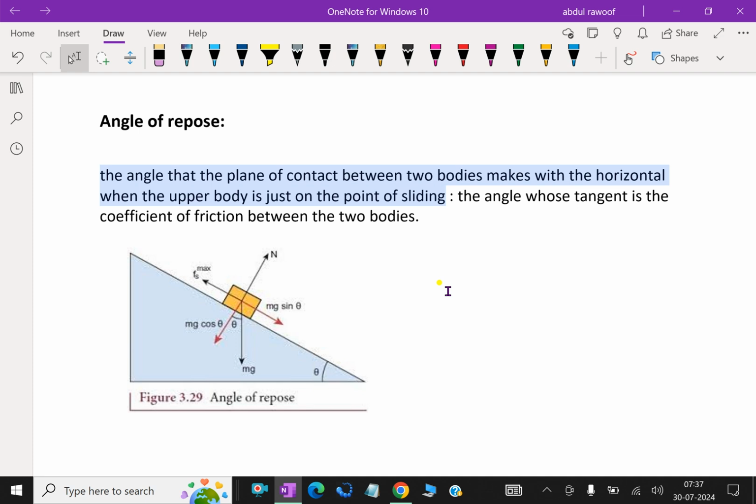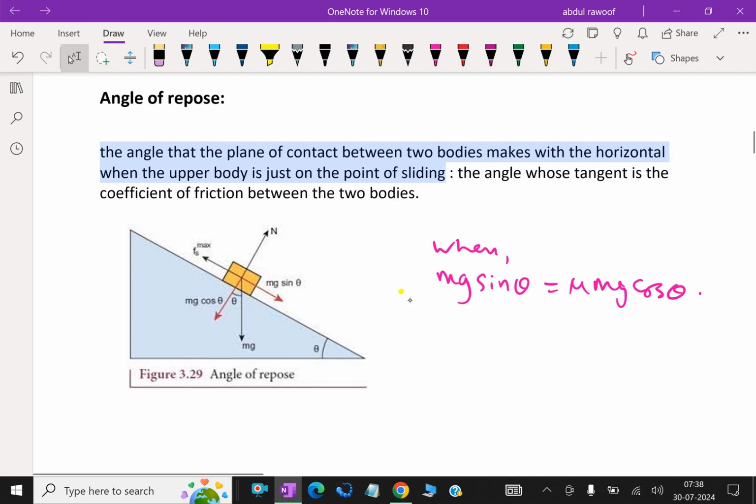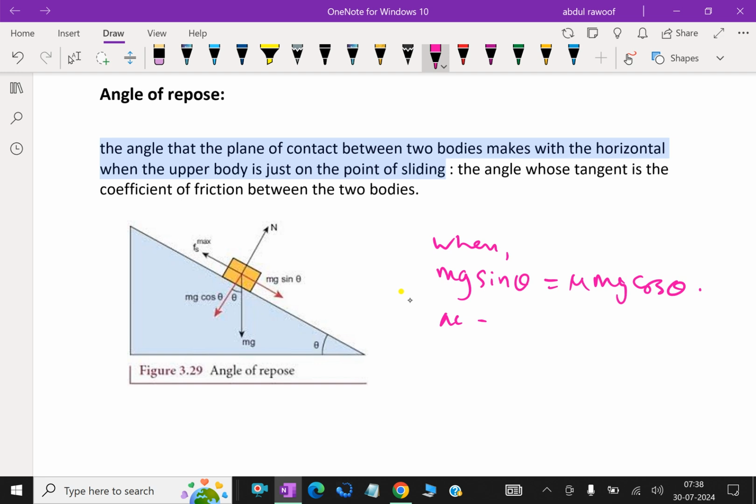Therefore, the condition when the angle of repose happens is when mg sin theta is equal to mu mg cos theta, where mu equals tan theta.